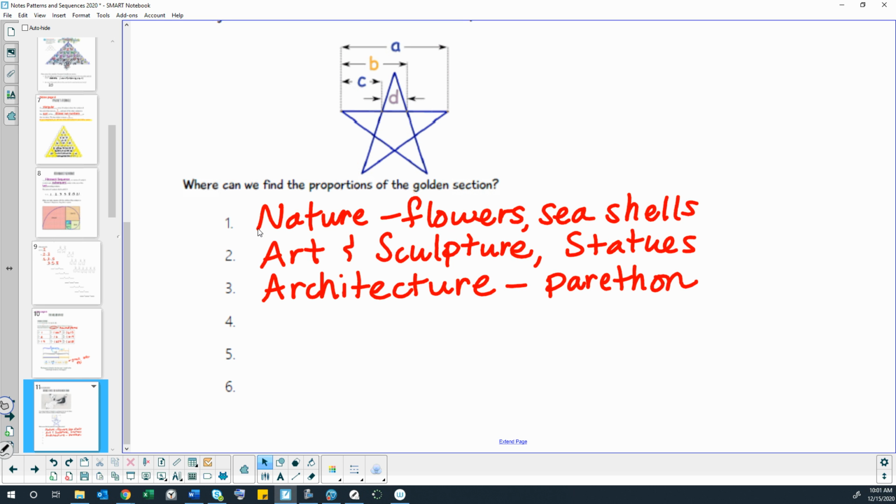What else? Oh, the human body. Lots of golden ratio measurements. If you compare, in fact, we're going to do it in class today, comparing ratios of measurements in the body to see which ones are the closest to the golden ratio.